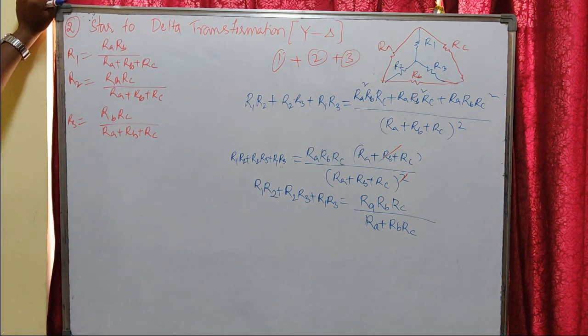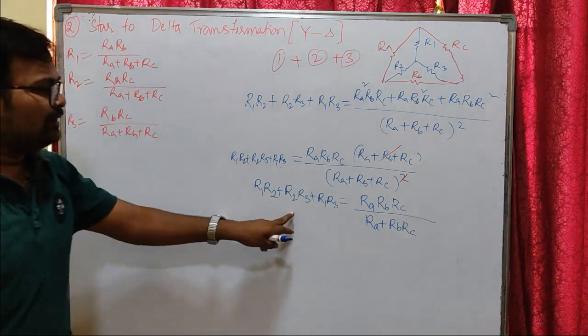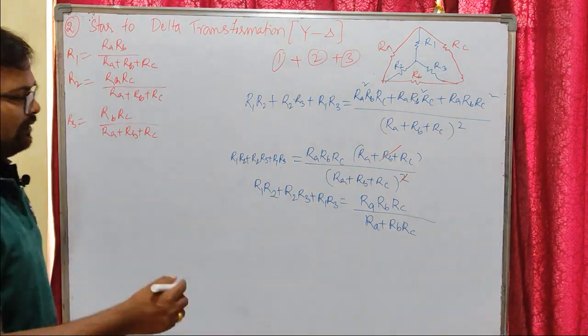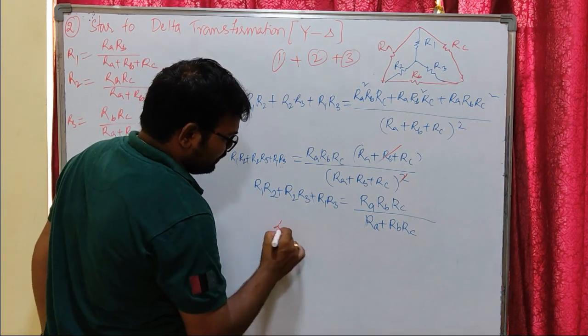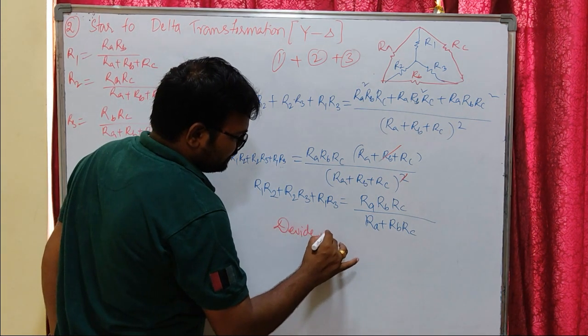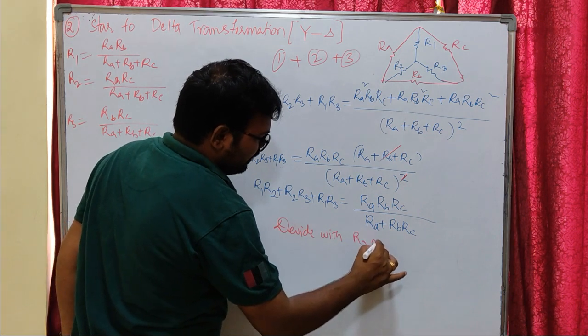Now I am going to divide with RA on both sides.